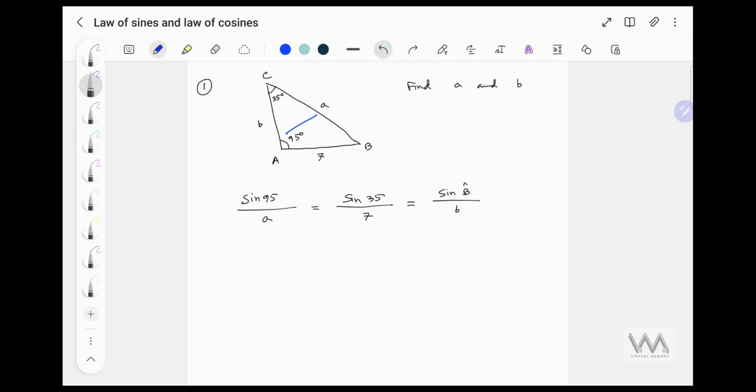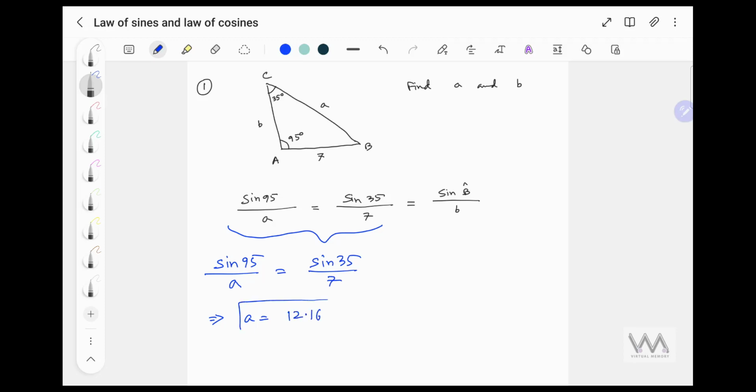So we have this expression right here, and we can use this to find A. Sine 95 over A equals sine 35 over 7, and this gives us A equal to 12.16.